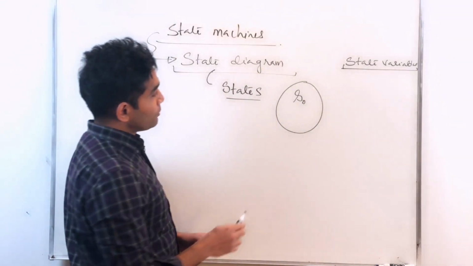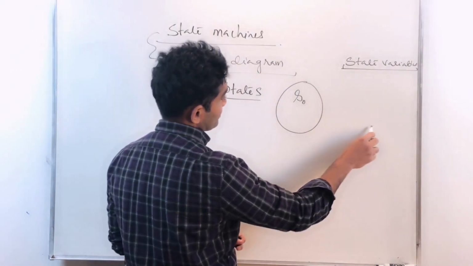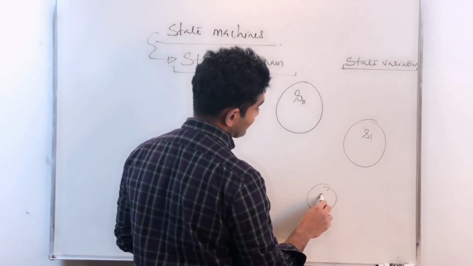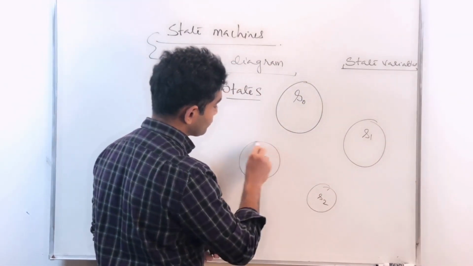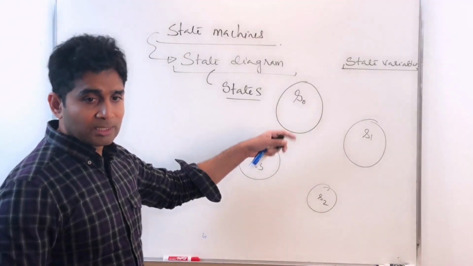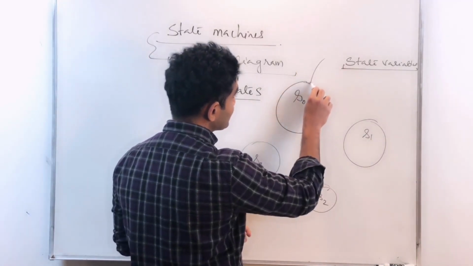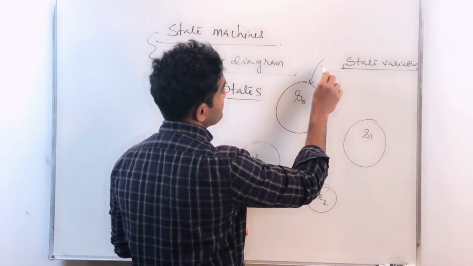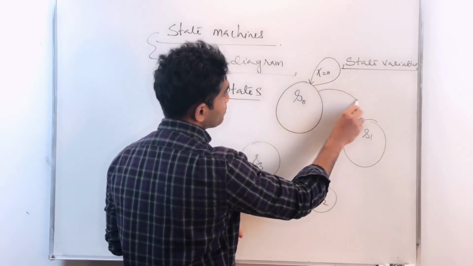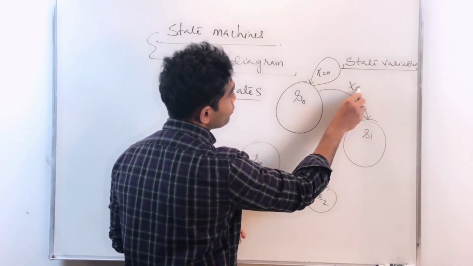Now let's say I have multiple states. This diagram gives me a snapshot of how the state transitions occur given a particular input acting on a particular state. Let's say x equal to 0 takes me back to the same state, x equal to 1 takes me to the next state, and so on.